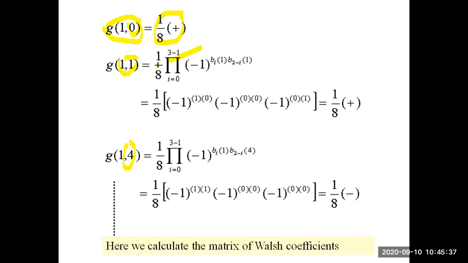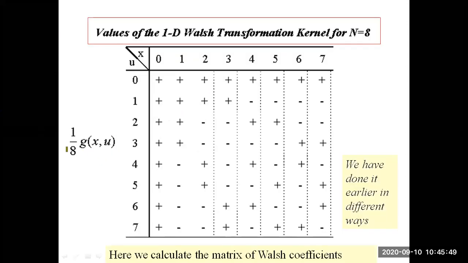By using this formula we can calculate all the values, and they are summarized here. One more thing: the magnitude is the same for all the values, 1 by 8, but the signatures change.